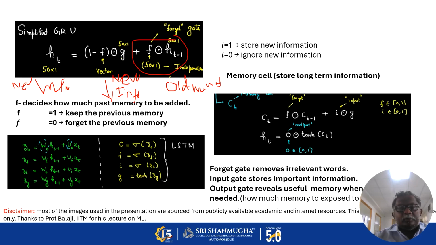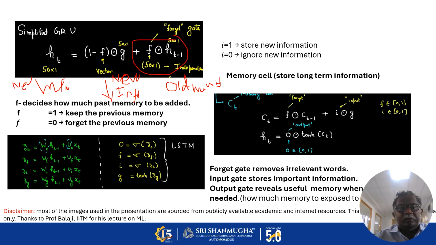F is the forget gate, and its value ranges from 0 to 1. If I put the value of 1 here, we have only the old memory, and we will not have the new information.